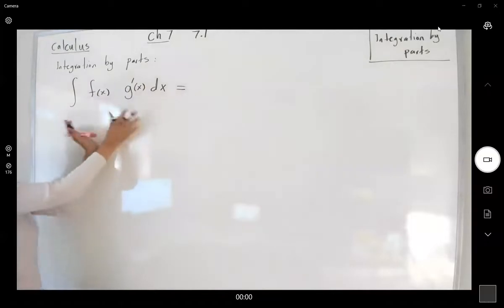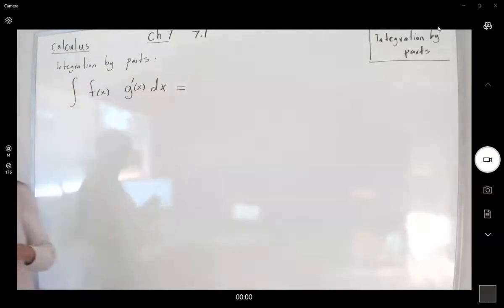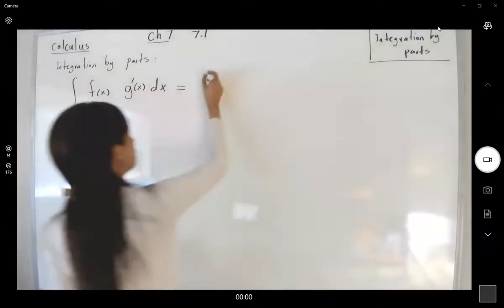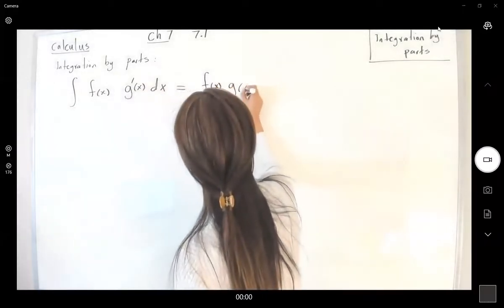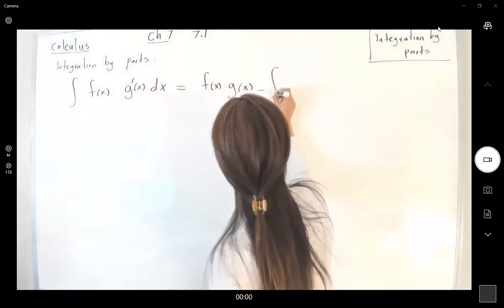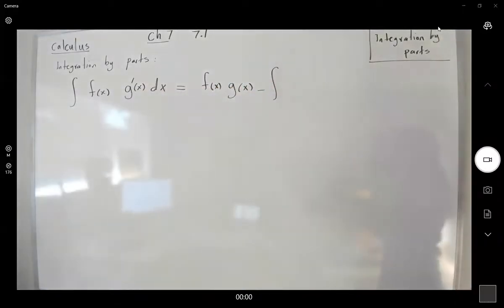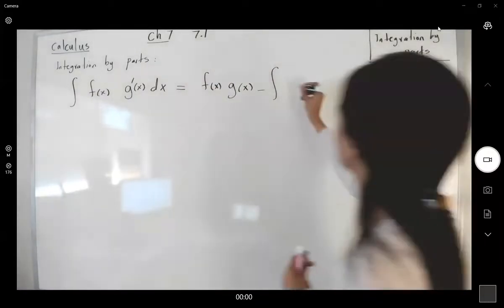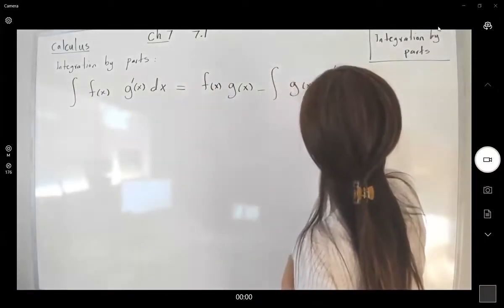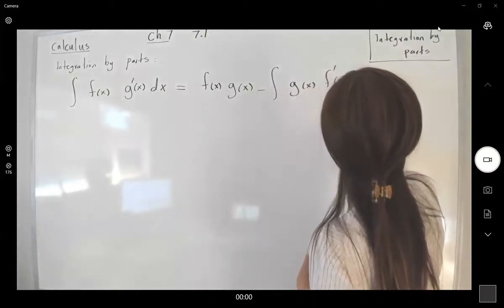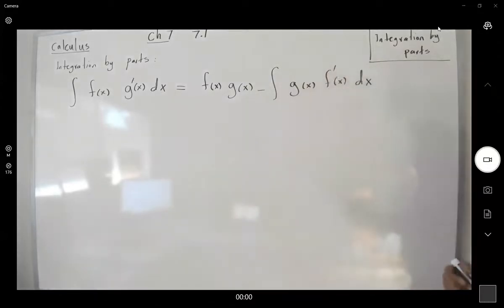We can rewrite this integral as f times g minus the integral of g times the derivative of f, f prime of x dx.